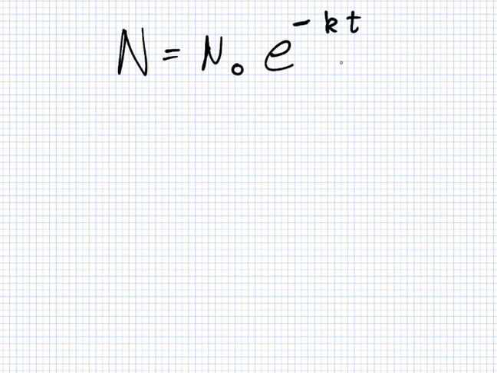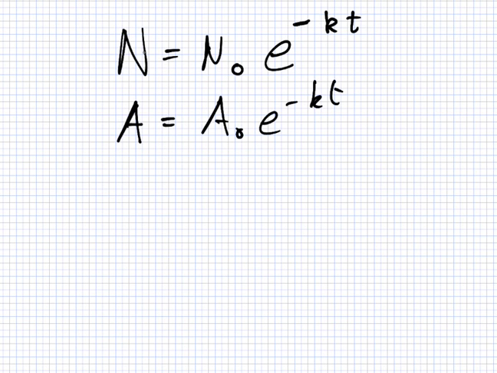Teacher showing you trick time. If I multiply n by k, what do I get? Activity. So if I multiply both sides by k, what do I get on the left? Activity. And then here, activity at the beginning.